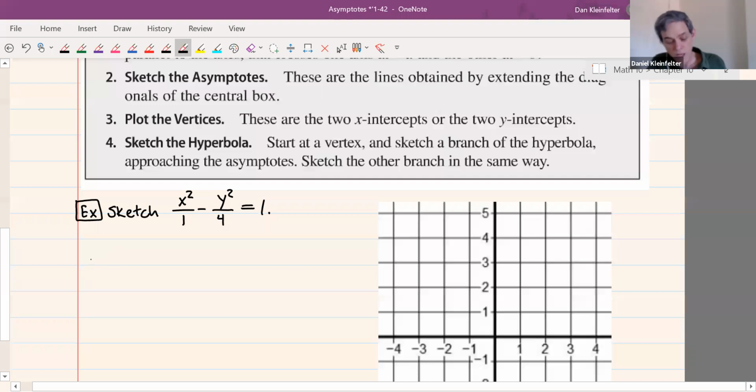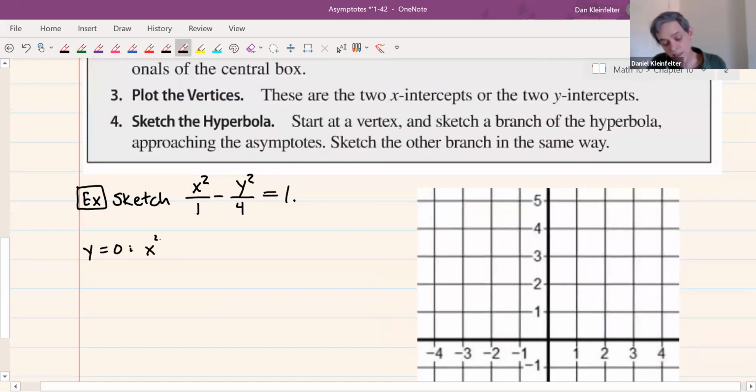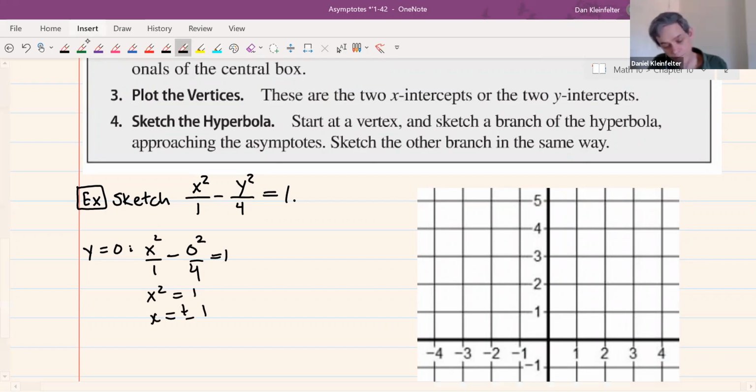That will be fun. So for this one, we want to think, when y is equal to 0, what do we get? If y is equal to 0 in the equation, we'll have x squared over 1 minus 0 squared over 4 equals 1. So x squared will equal 1. x will equal plus or minus 1.